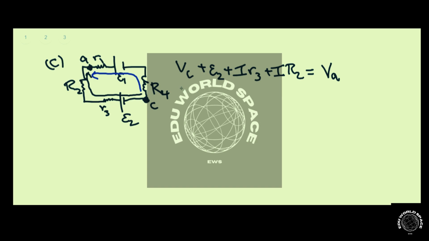So VAC is VA minus VC, which is that EMF plus I times R2 plus R3.